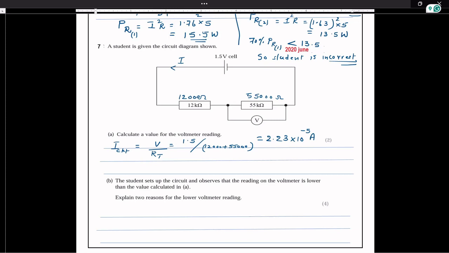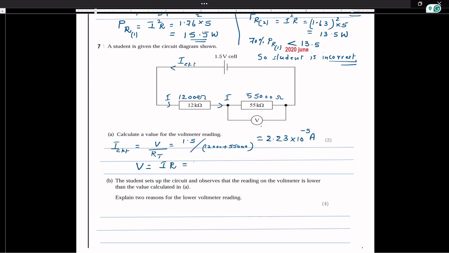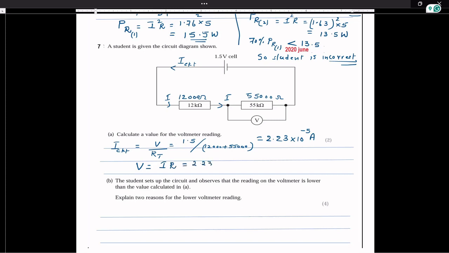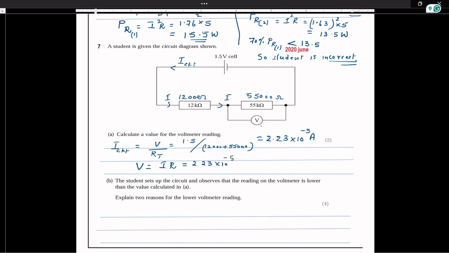Then the question is to calculate the voltmeter reading. This is I circuit, and the same current is flowing through the series connection. Therefore, the voltmeter reading is across the 55 kilo ohm resistor. V equals I times R, which is 2.23 times 10 to the power of negative 5 times 55,000.